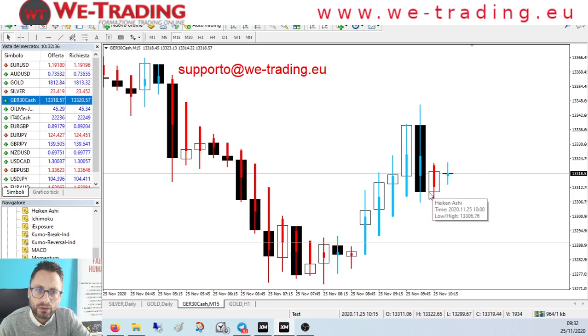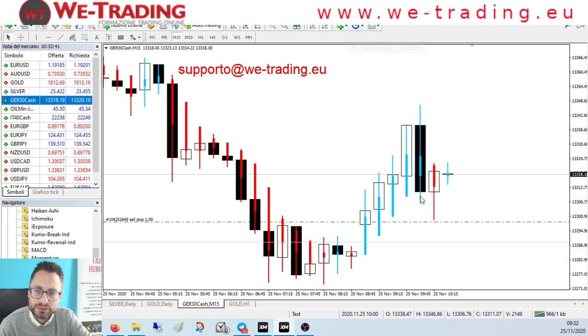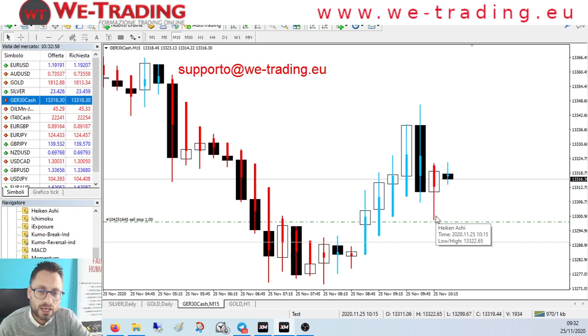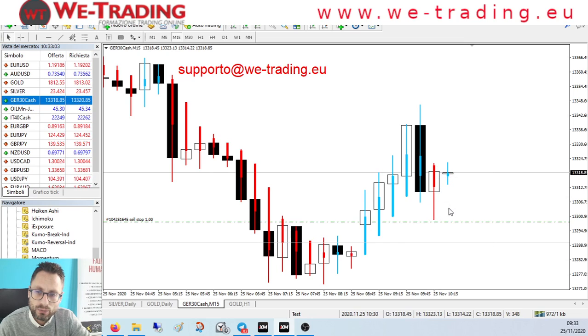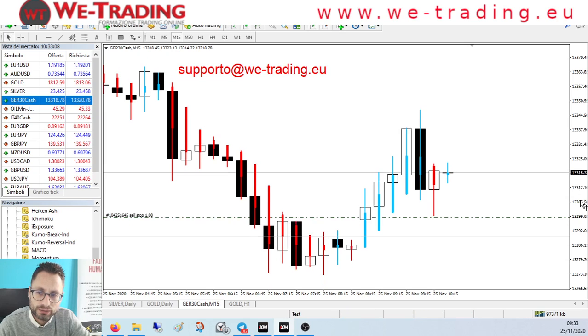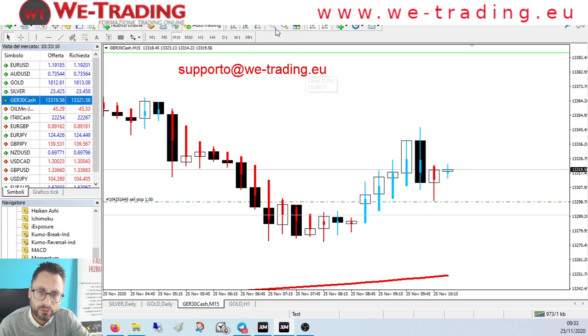Or on the DAX, very interesting, because we need to set a sell stop here, because we have a red candlestick, a red Heiken Ashi, but a white candlestick. So prices for now are going up, but the candlestick says to stay short. Okay, so if prices fall below the low, we enter a new trend, and we can follow this type of movement.